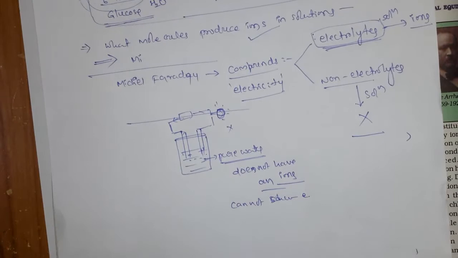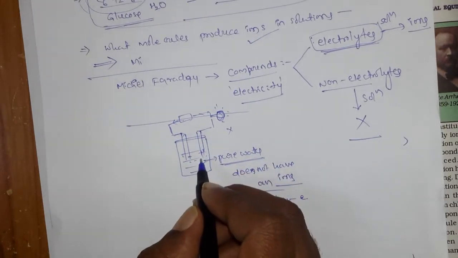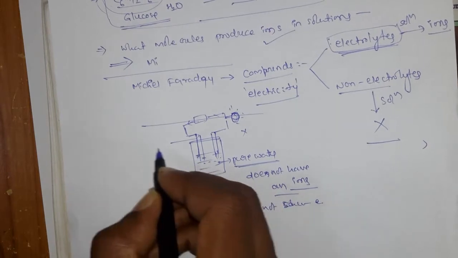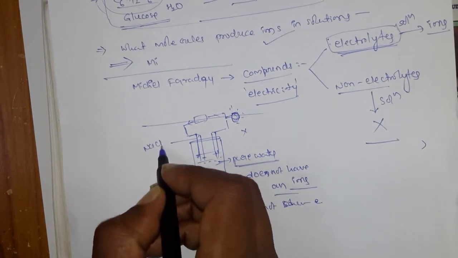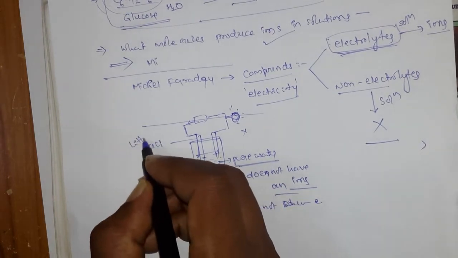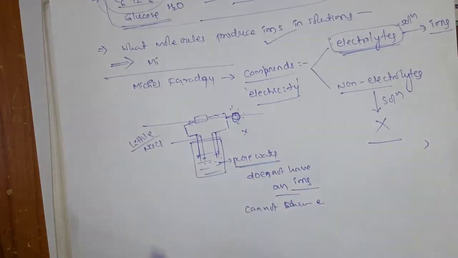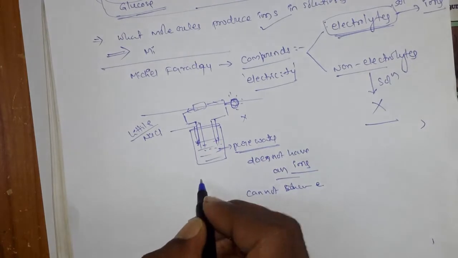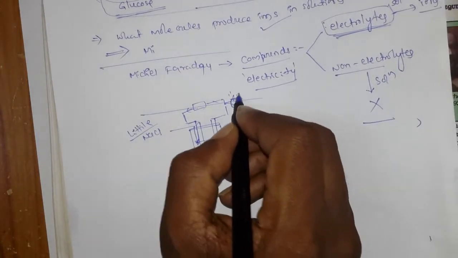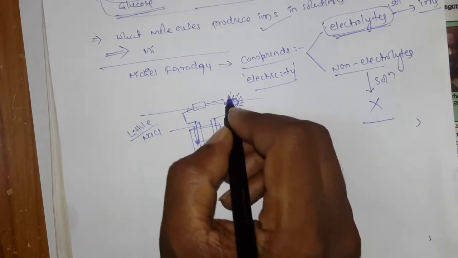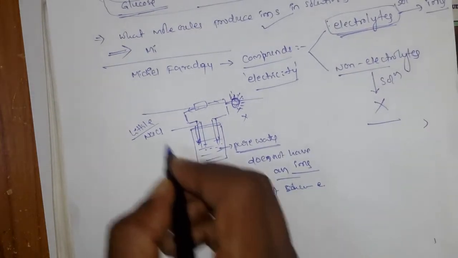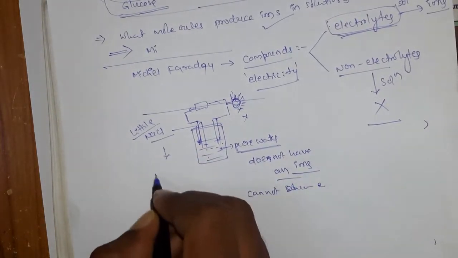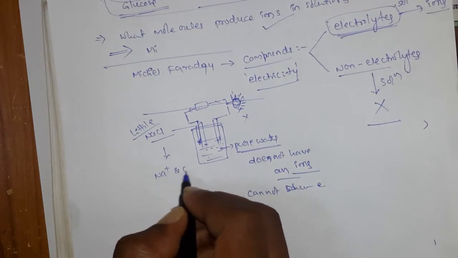Okay, but you can see the passage of electricity very simply. When you add a little amount of sodium chloride, a pinch of sodium chloride, what will happen? When you add a pinch of sodium chloride salt, immediately you can see the glowing of this bulb. Okay, because the sodium chloride, when it dissolves into the water, will convert into Na plus and Cl minus.